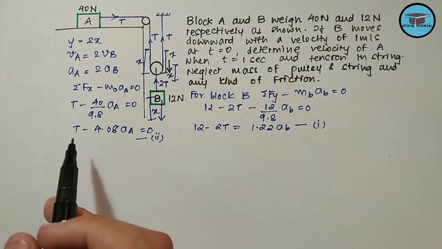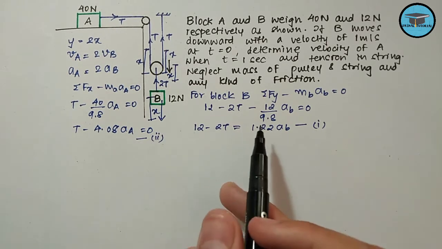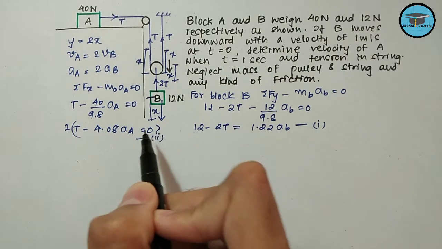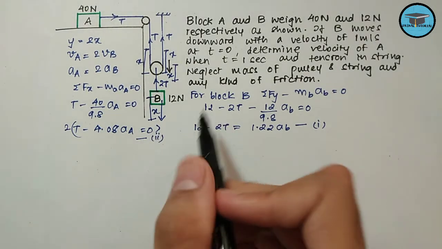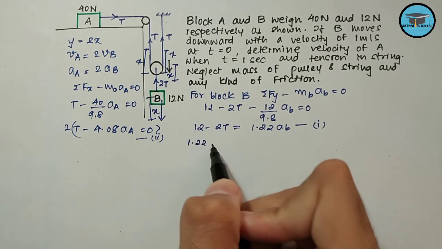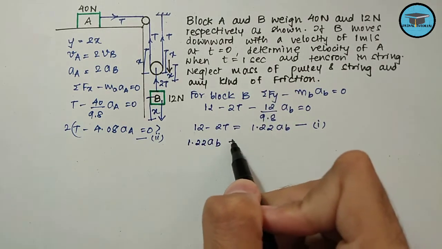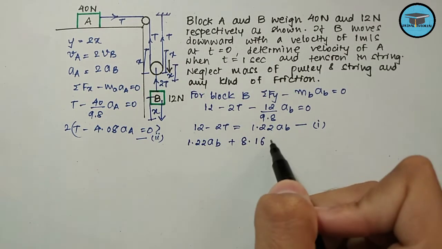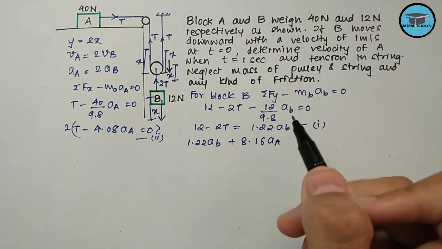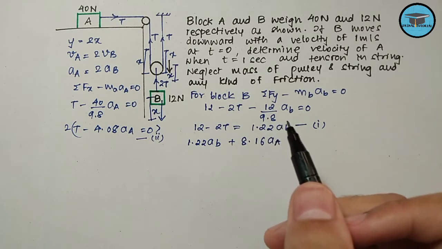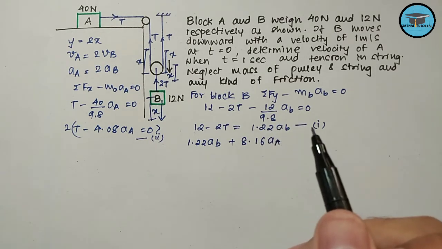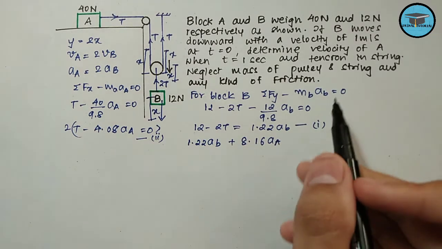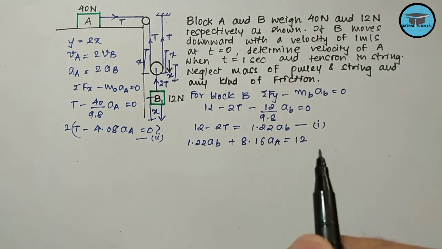First of all, let us eliminate T. For eliminating T, we multiply this equation by 2. On solving further, we get an equation like this: 1.22 aB plus 8.16 into acceleration of A equals 12.